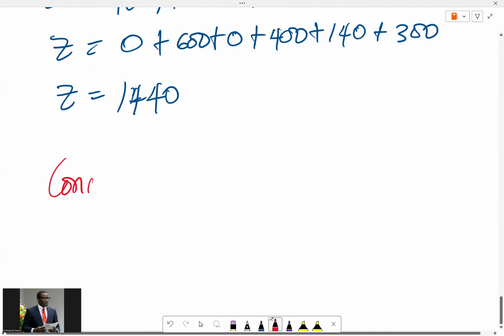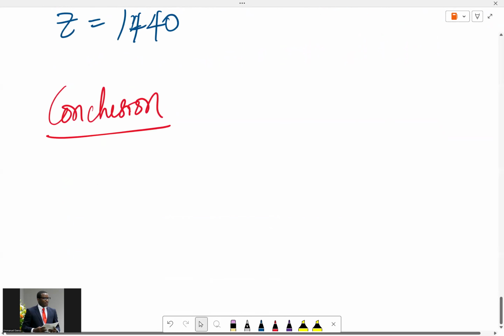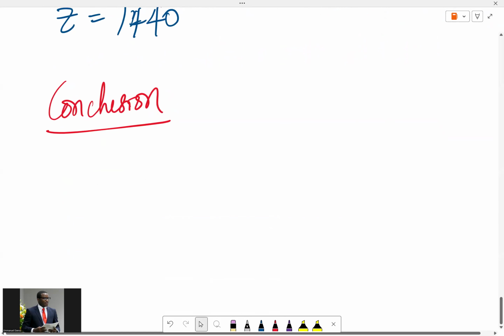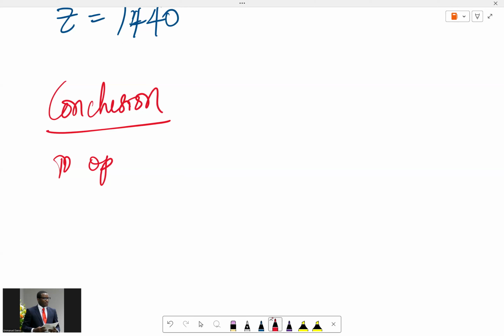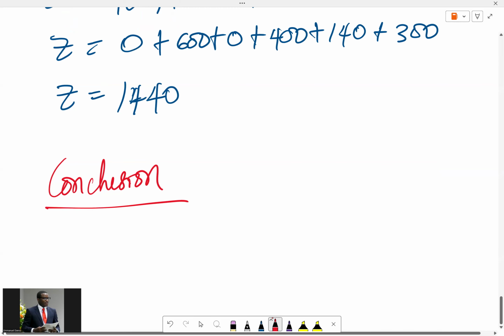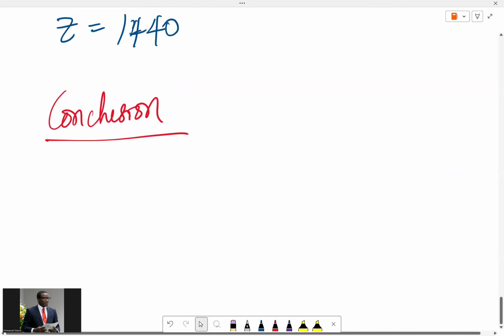So the conclusion is that to optimize transportation, how do I put this now? I'm looking for a nice way of explaining this.